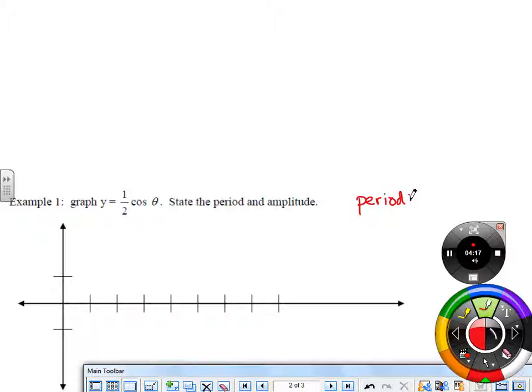Is there any number in the spot that would cause a horizontal stretch or compression for this function? Okay? So that would be a number inside the cosine function multiplying the variable right here. We don't have a 2 theta or a 1/2 theta, so we don't have that happening here. Okay? So that means our period is unaffected. Okay? That it's going to be 2 pi. Yep.